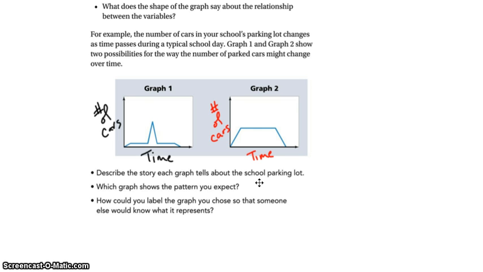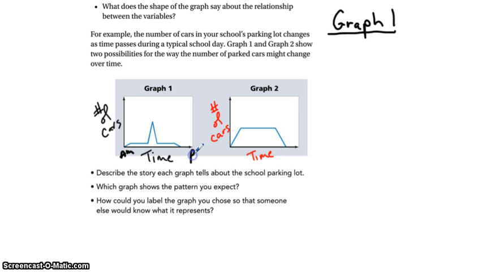So let's take a look at the three bulleted questions. Describe the story that each graph tells about the school parking lot. So let's go up here and let's pick a pin. All right, so graph 1. What does graph 1, what story could it tell? Well, notice how it starts off here in the morning. This is probably morning, this would be AM.